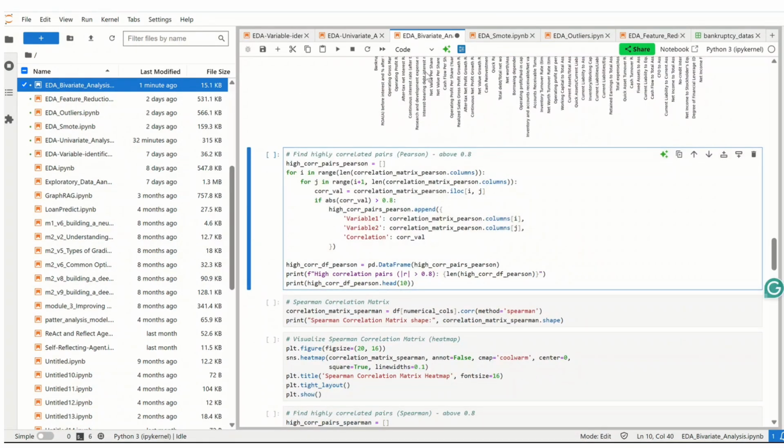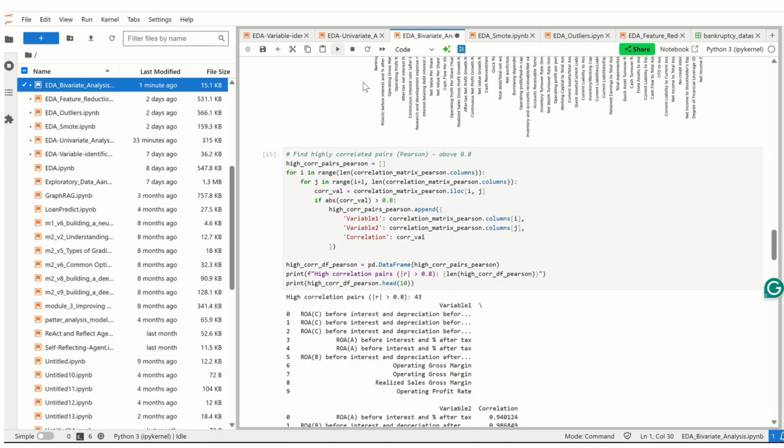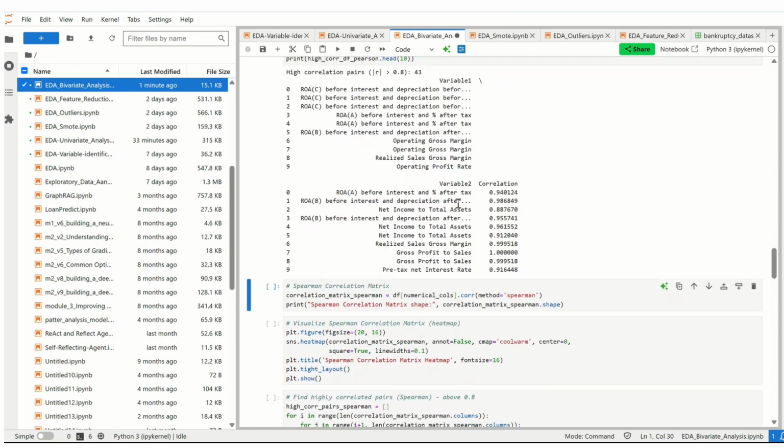Now let's see, as per Pearson, what are the highly correlated features. That means where the Pearson correlation is greater than 0.8. This is variable 1 and this is variable 2. Of course, this is not properly plotted here. Variable 1 is ROI interest and depreciation before, and then this one.